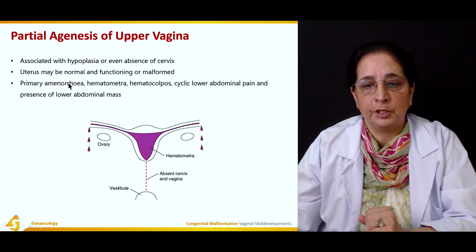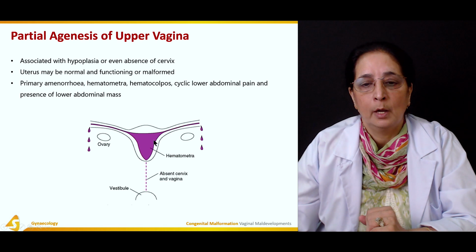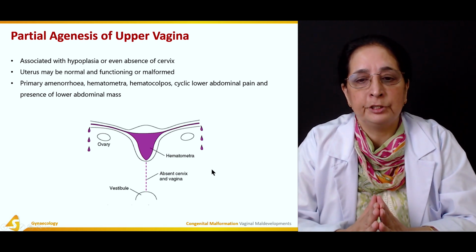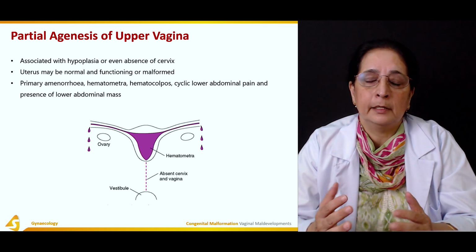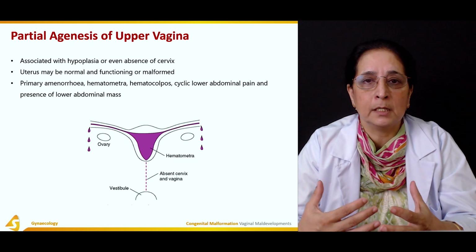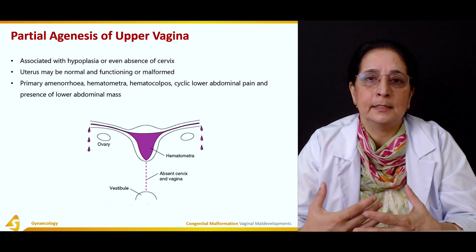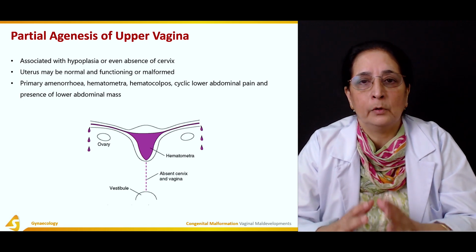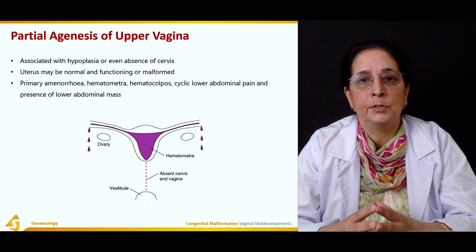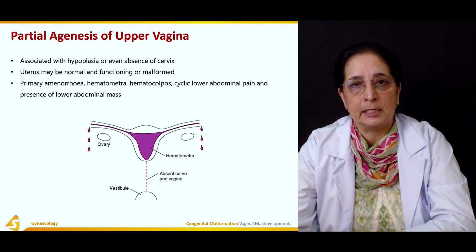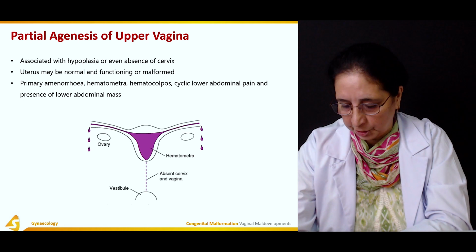Here in this picture you can see hematometra, or collection of blood in the vagina. There is also lower abdominal pain and tenderness. So symptoms are more or less as in the imperforate hymen, with lower abdominal pain and also a lower abdominal mass. So that is partial agenesis of the upper vagina.